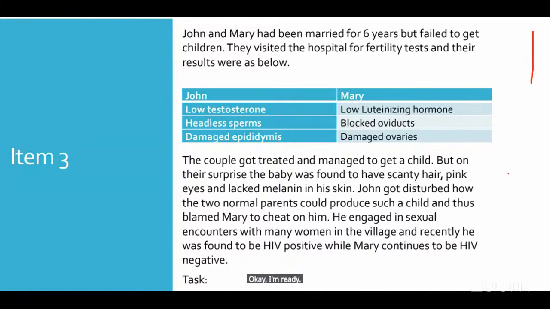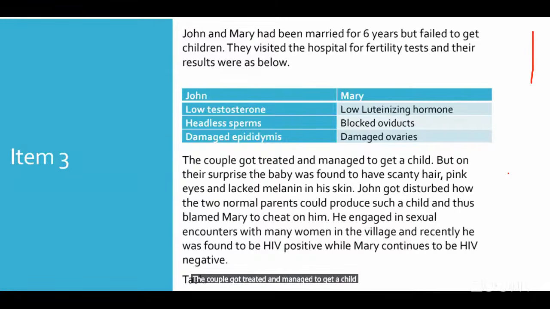John and Mary have been married for 6 years but failed to get children. They visited the hospital for fertility tests and their results were as below. John: low testosterone, hairless palms, damaged epididymis. Mary: low luteinizing hormone, blocked oviduct, damaged ovaries. The couple got treated and managed to get a child.